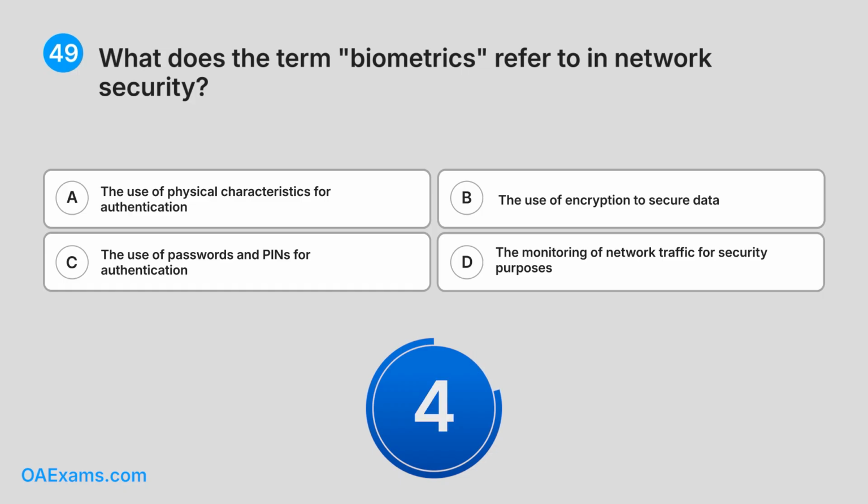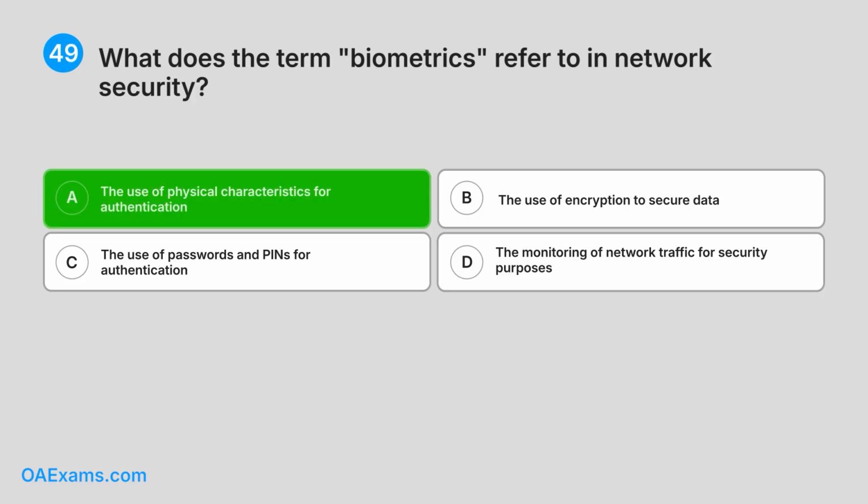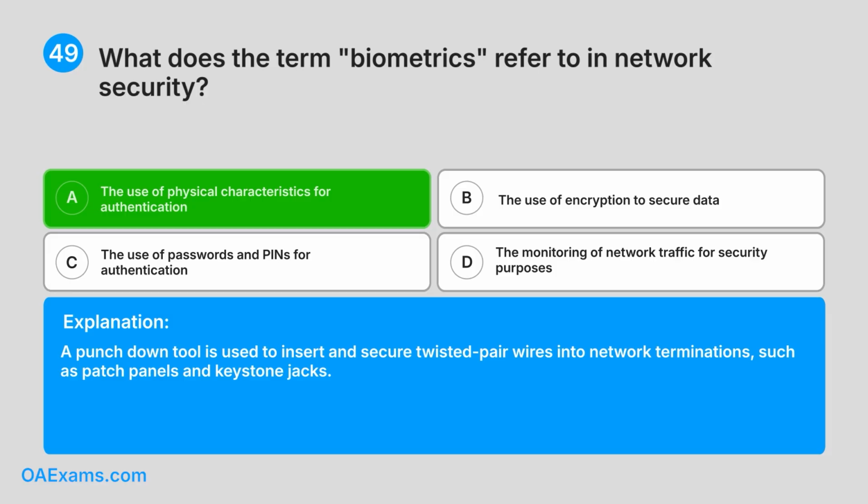What do you think is the answer? Correct answer: A. The use of physical characteristics for authentication. Explanation: Biometrics refers to using unique physical traits, such as fingerprints or facial recognition, to verify identity in security systems.